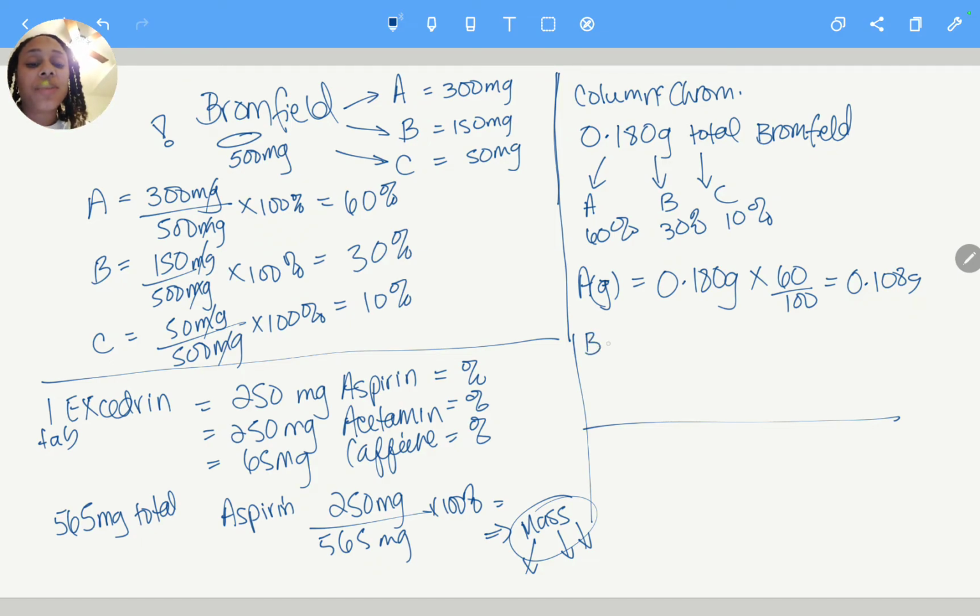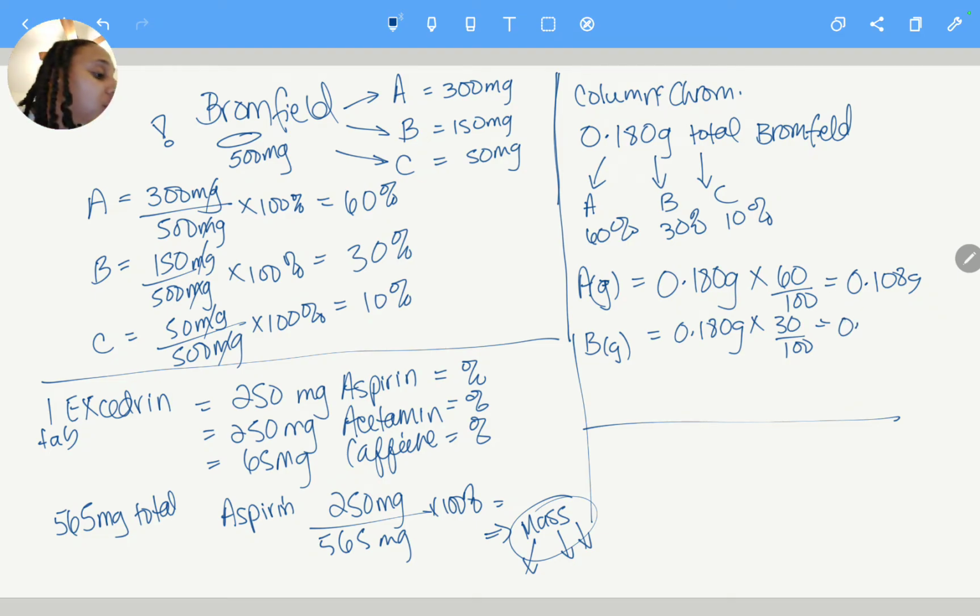So we'll do the same thing for B. You would take the 0.180 grams times 30%, and again, it should all add up to the total mass when you're done.